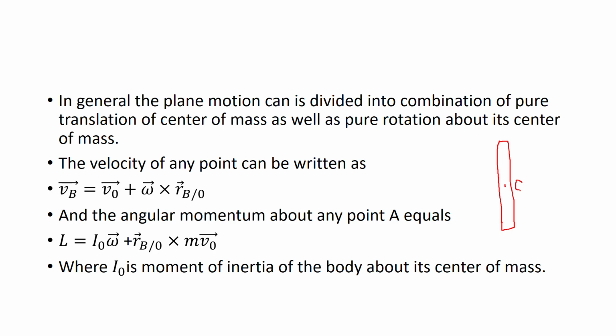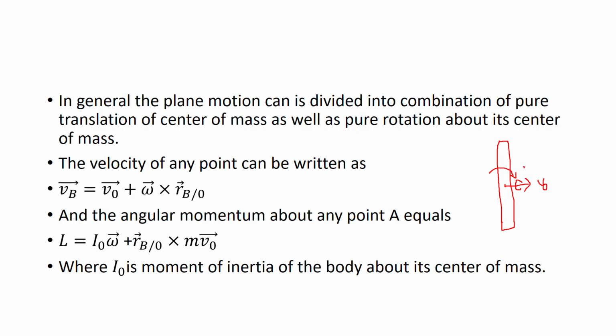If it is in pure translation, then each point on this rod will have the same velocity, equal to V. However, if it is general plane motion, each point will have different velocity, and we can differentiate this motion into 2 parts. One is pure translation of the center of mass, assuming the velocity of the center of mass as V0, as well as rotation about the center of mass, with angular velocity omega.